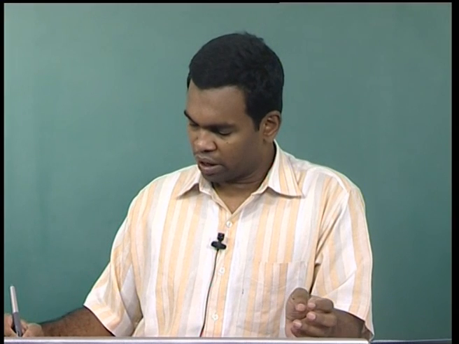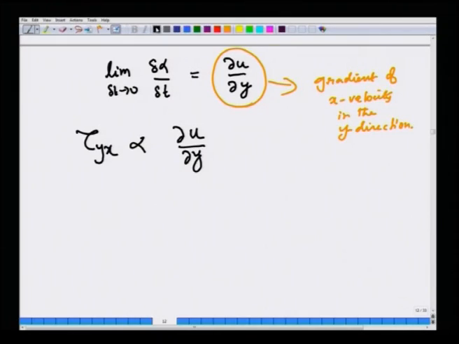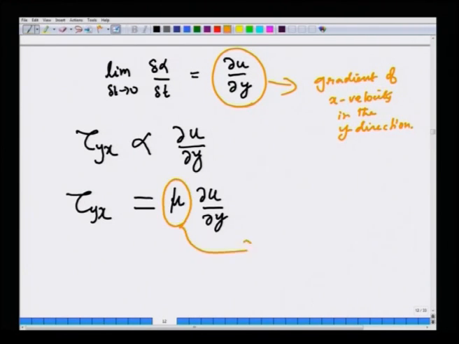So, you can of course convert this proportionality to an equality by introducing a constant of proportionality. I use the symbol mu for viscosity. So, that constant of proportionality is the viscosity of the fluid.